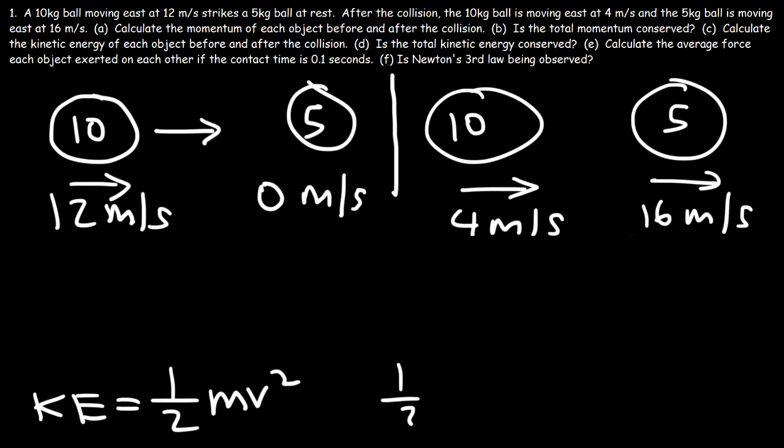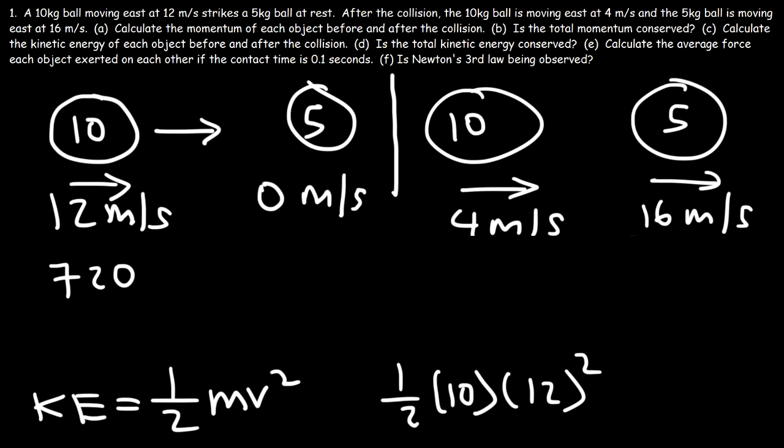So it's going to be half times 10 times 12 squared. 12 squared is 144 times 10. Well, let's actually take half of 144 because that's 72, and then times 10. That will give us 720 joules. Now, the 5 kilogram object before the collision is at rest. So it has no kinetic energy because it's not moving.